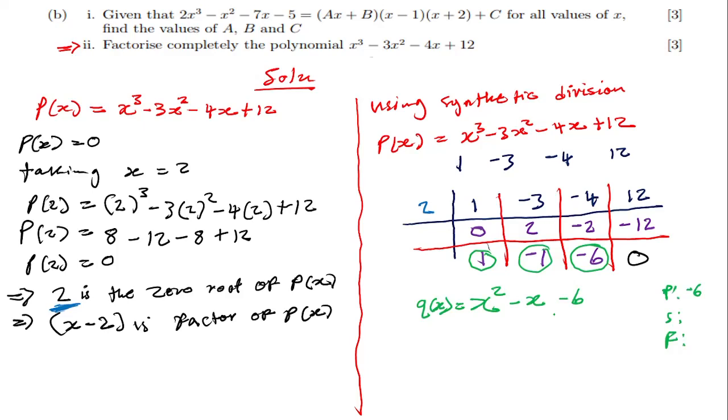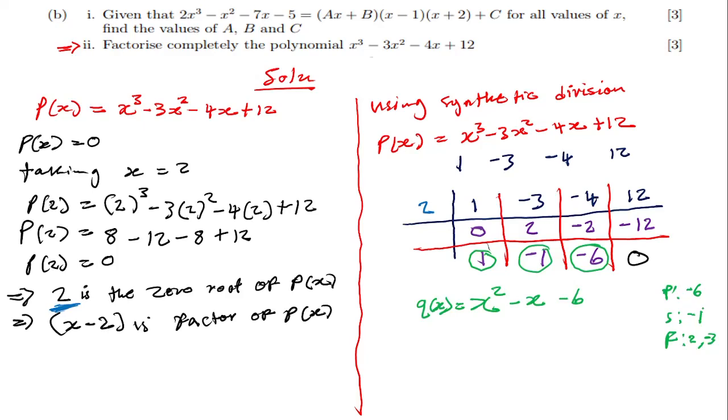The sum is -1. The factors will simply be 2 and 3, of which one of them is supposed to be a negative. So -3 will be the one to carry the negative. So 2 minus 3 is -1, and 2 times -3 is simply -6. So these are correct.